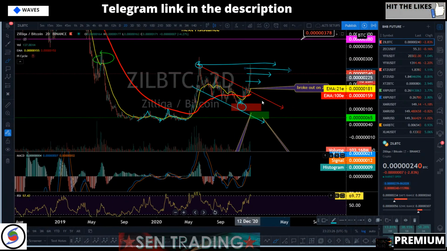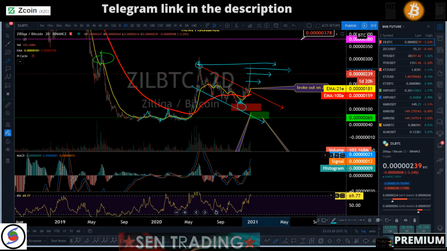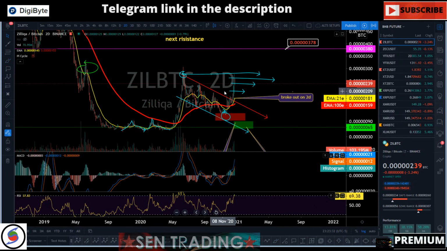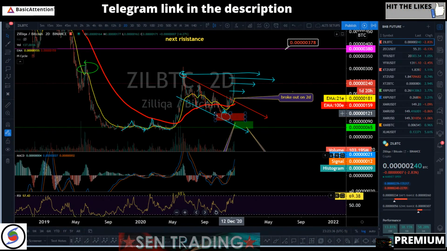It is still a hold. It is quite dangerous right now to hold it, but structure wise, it looks nice, okay?